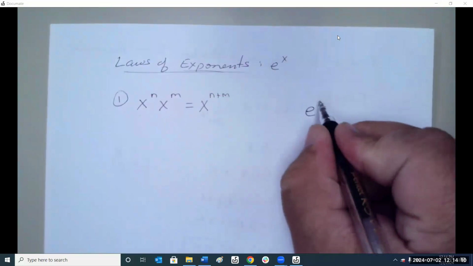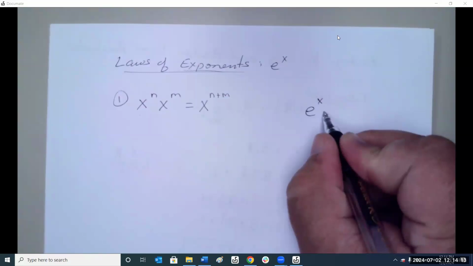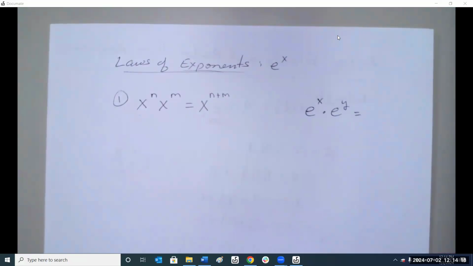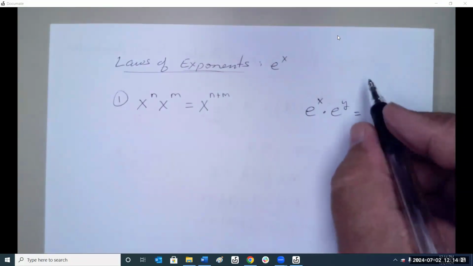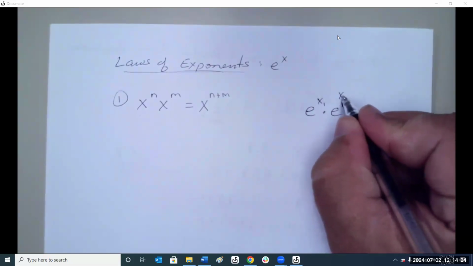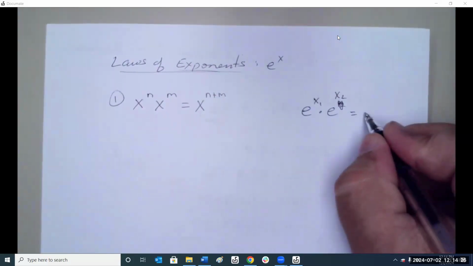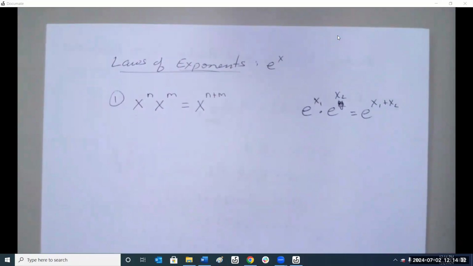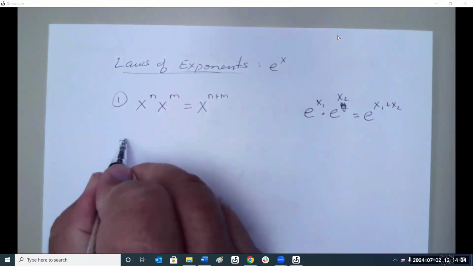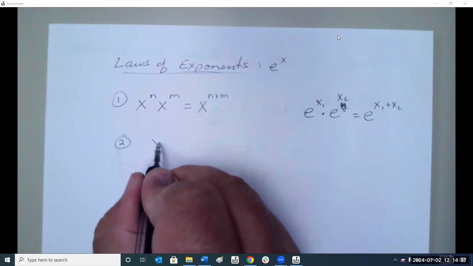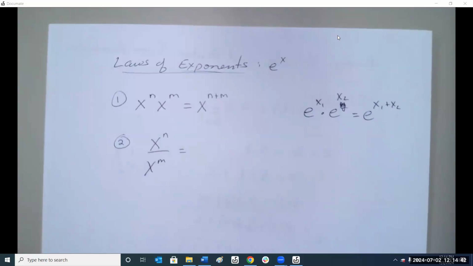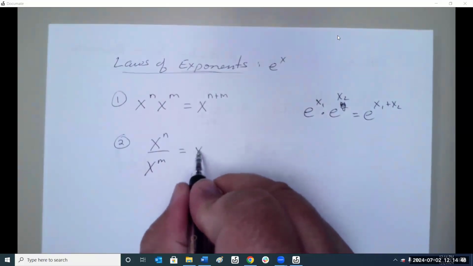So it works the same way here. e to the x1 times e to the x2 will give us e to the x1 plus x2. If I'm dividing this, as long as the bases are the same, what do I do with the exponents? I subtract them.